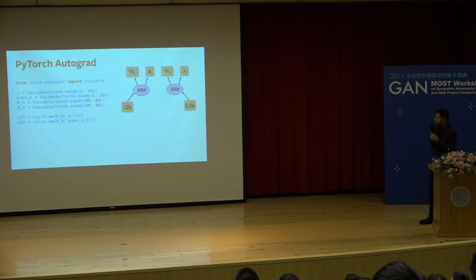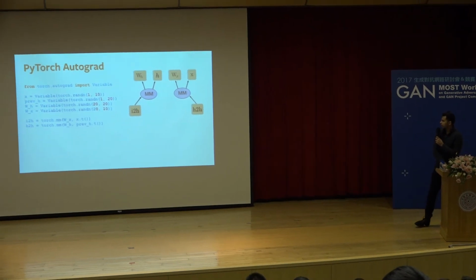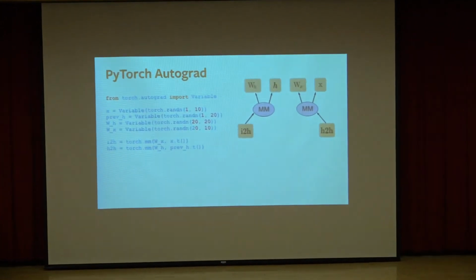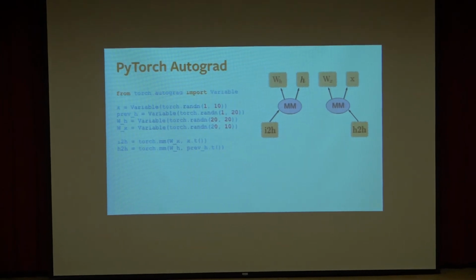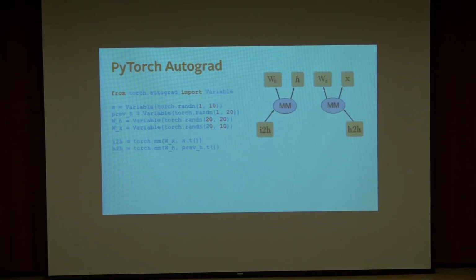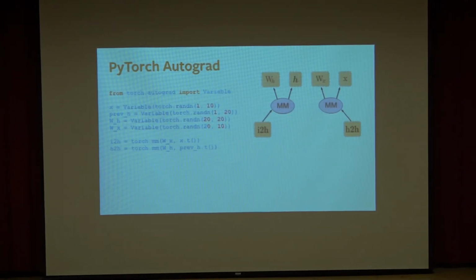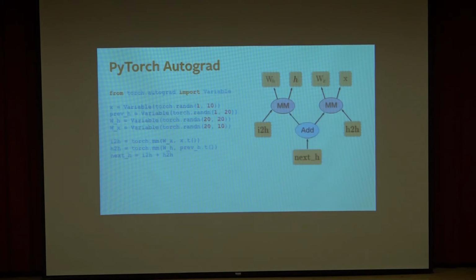So if I do something like a matrix multiply, I know that i2h was created by W and H. So h2h was created from the matrix multiply of W and X. So I can do many operations, and automatically a graph is built with how each variable was created.